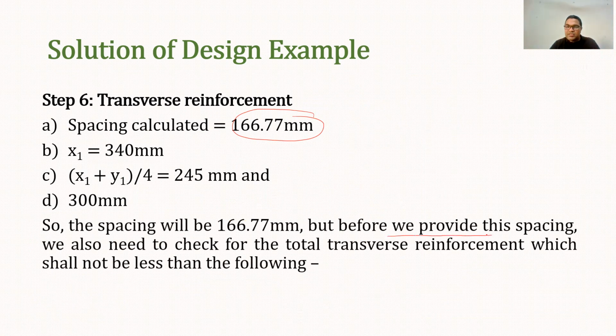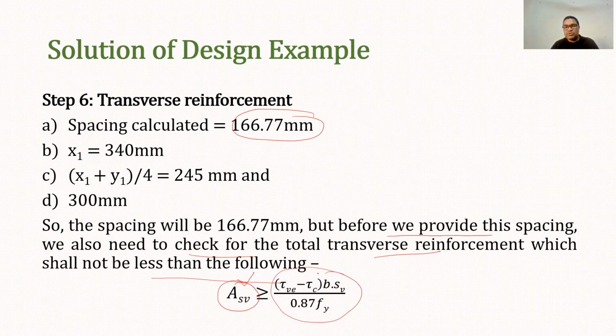But before we provide this spacing, we also need to check for the total transverse reinforcement, which shall not be less than the following. As I explained earlier, this ASV is the tentative value. We need to check whether this ASV satisfies this equation as per the IS code. This is also mentioned in the earlier part. So we need to satisfy this condition. If this condition is not satisfied, then we have to increase the value of ASV by increasing the dia of the stirrups.